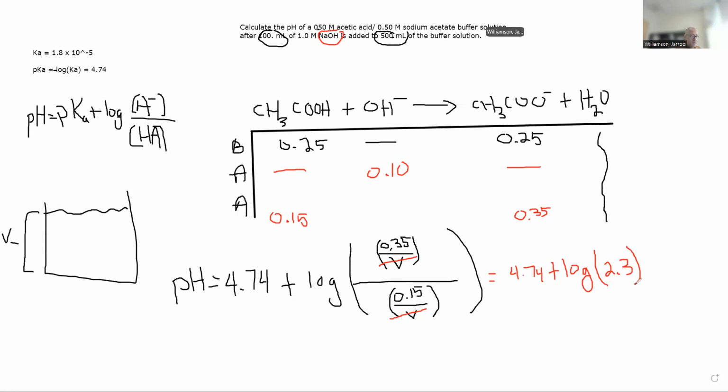Take the log of that, add 4.74. And when I'm done, I get a pH value of 5.11.